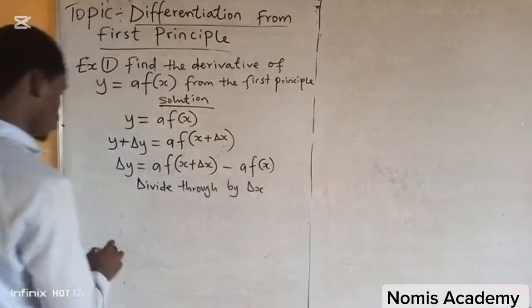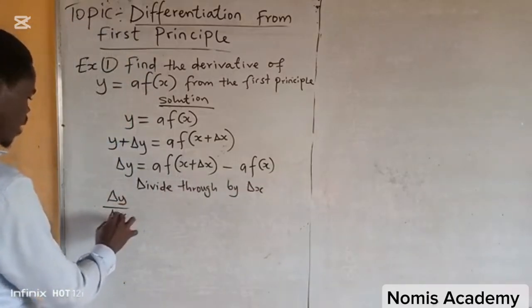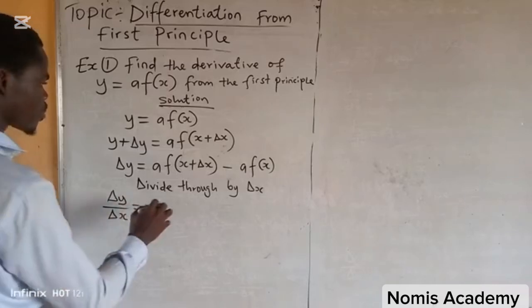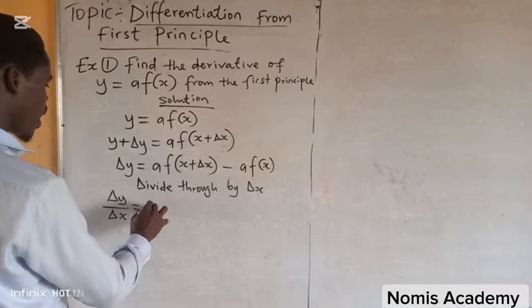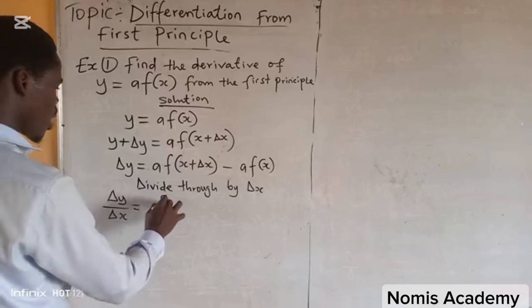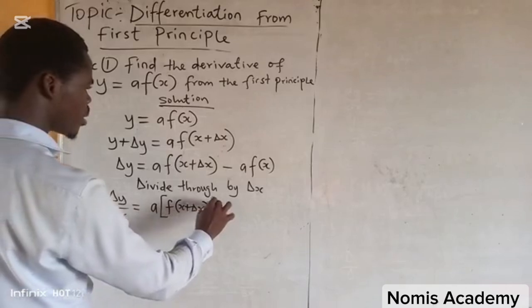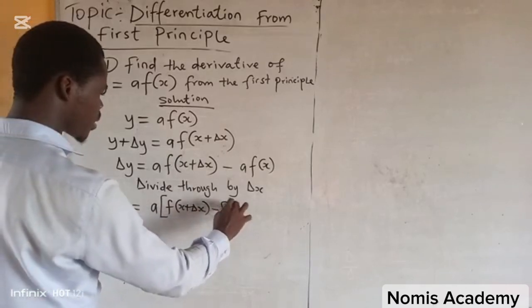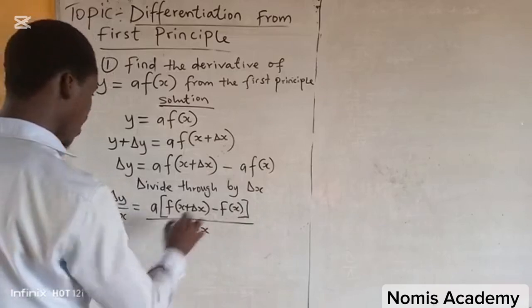So we have delta y all over delta x is equal to, now we are going to factor out a. So we have a into f of x plus delta x minus f of x all over delta x.